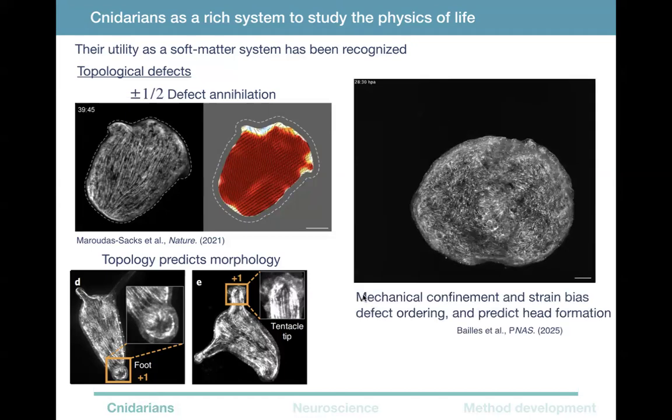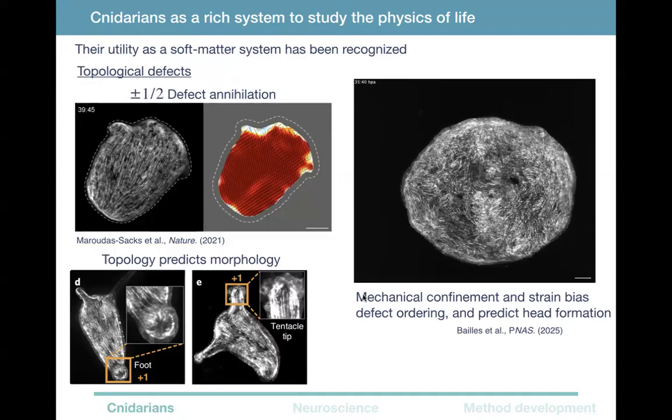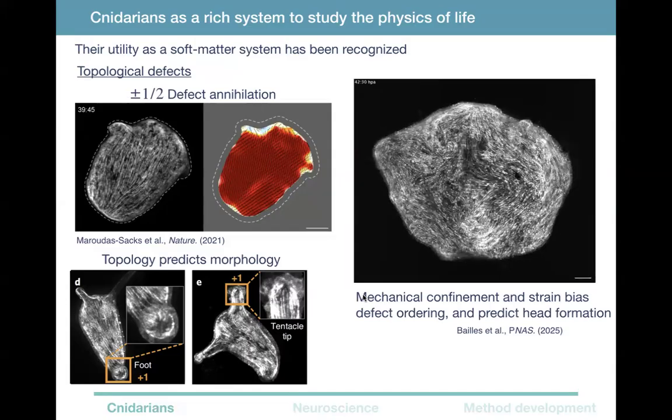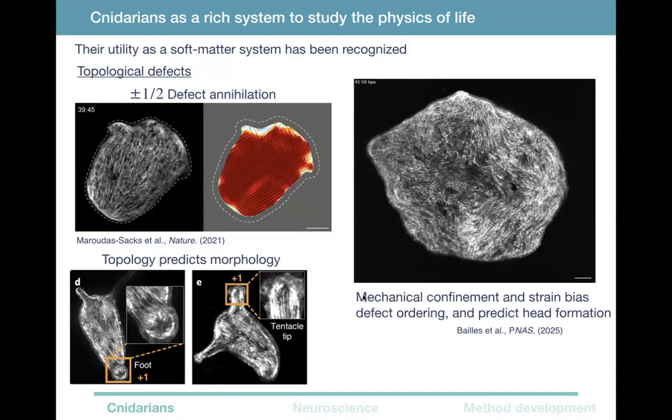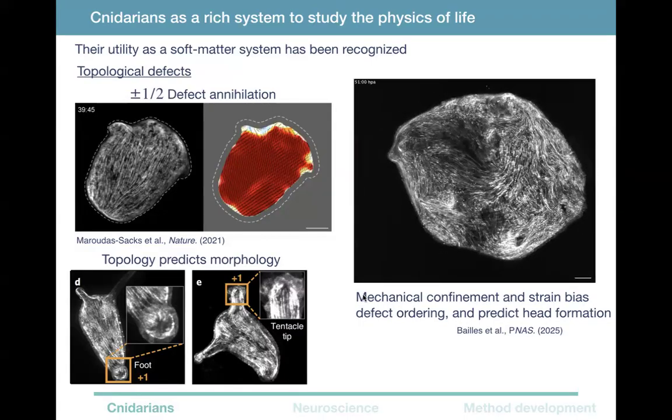More recent work has looked at mechanical confinement and strain and how that biases defect ordering. They found that when you squeeze certain parts, you produce certain defects, and that then predicts formation of different features. So there's really interesting and non-trivial physics happening here between mechanical confinement, defect ordering and morphology.